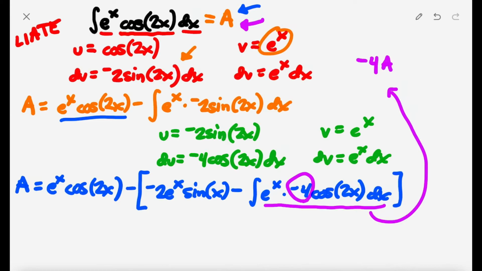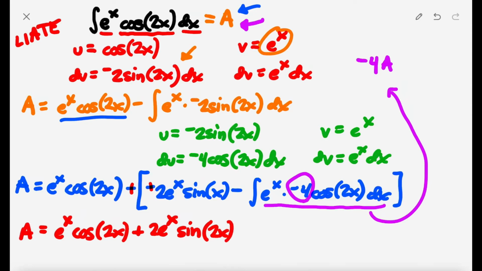So what I'm going to do is rewrite this entire expression to be a 4A there instead of that entire integral. So it's going to be A is equal to e to the x cosine 2x plus 2e to the x sine 2x. Yeah, that's embarrassing. I just noticed this should have been a 2x. Well, it's always good to check your work.